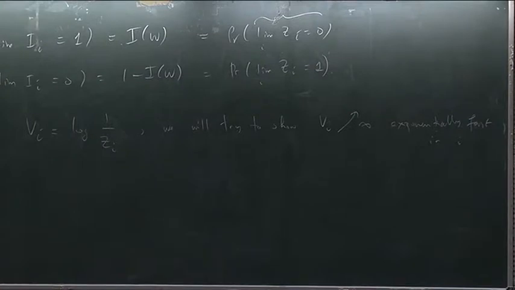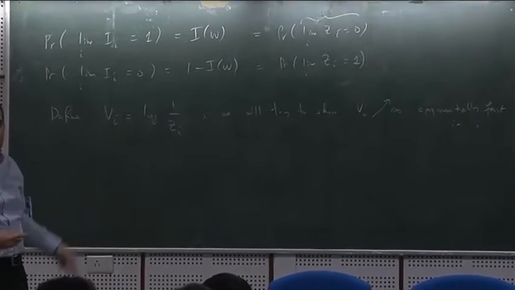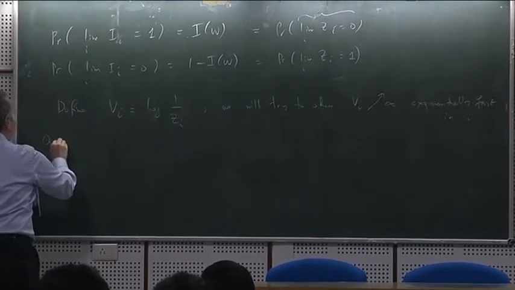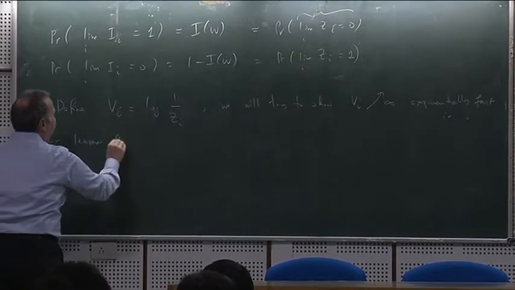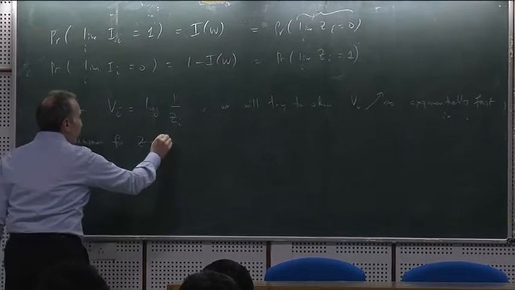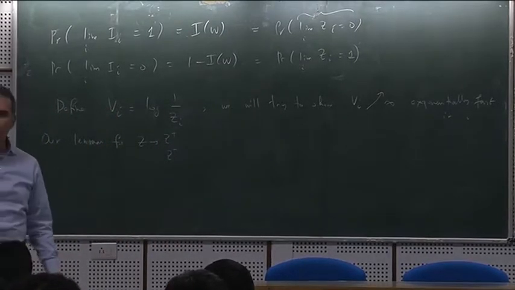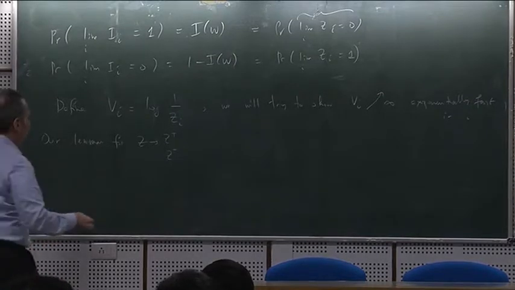Good. Let's see how the Vi behaves. First of all, because we had these lemmas for the Z going to Z plus and Z minus, the Z of W plus and Z of W minus, we'll say the following thing.